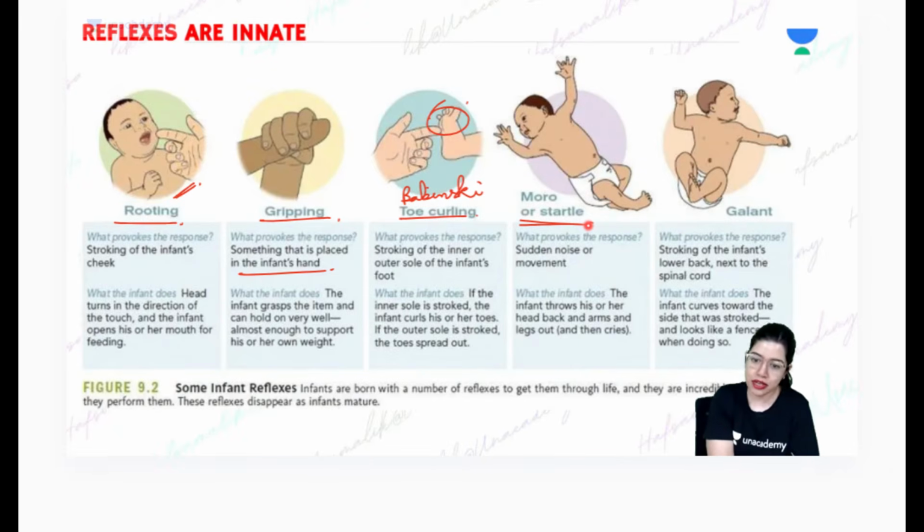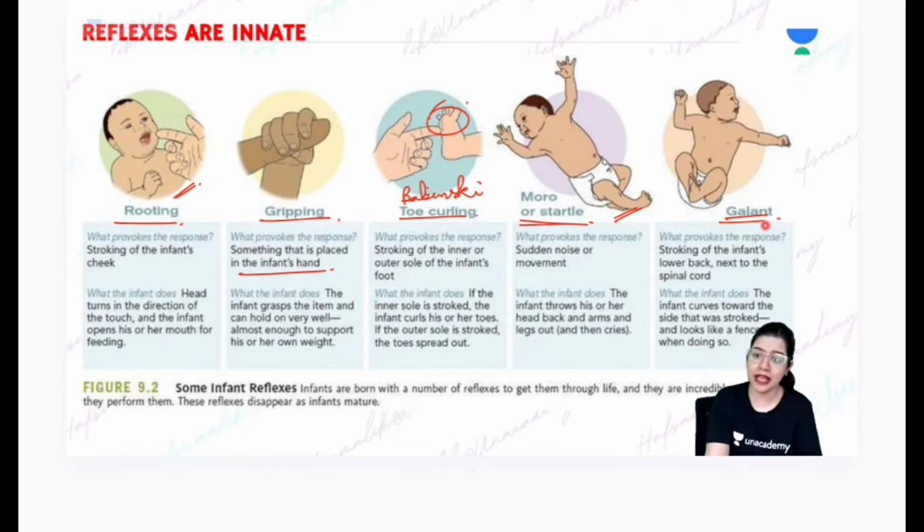This is something that babies of monkeys actually do, and this is something that human babies also do. When they sense a sudden noise or movement at night, they get startled and therefore they fling the arms open and then hug themselves again to feel safe.